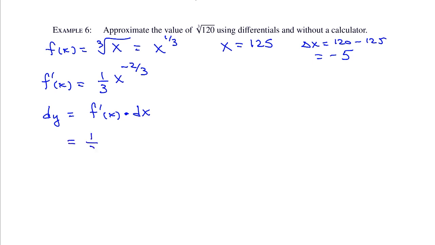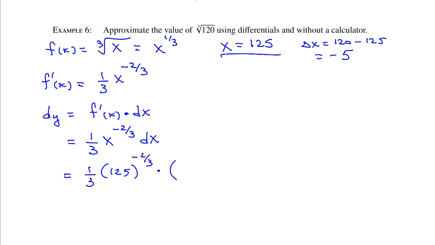So we're going to plug in the derivative into the differential. So it's 1/3 x to the negative 2/3 times dx. Use your fixed value of x, which is 125. The delta x is -5, and that's also dx.